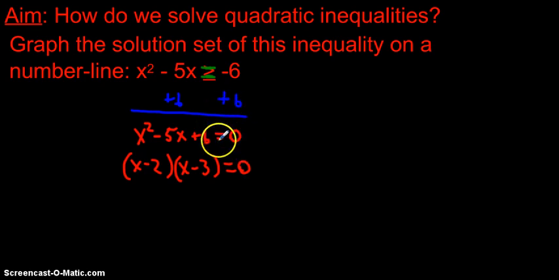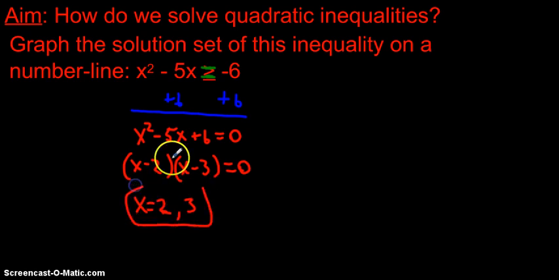Either x is equal to 2, because 2 minus 2 is 0, and 0 times that is 0, or x is equal to 3, because 3 minus 3 is 0, and 0 times this is 0. So these are the two possible answers to the equation that we solved.